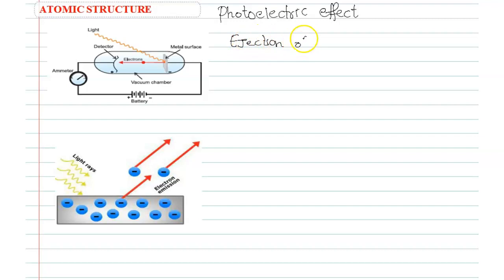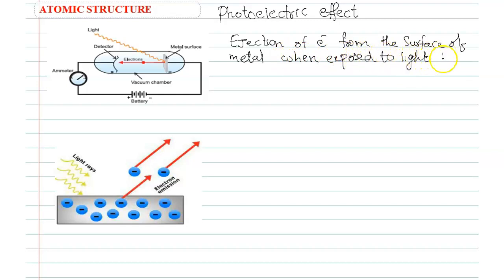Ejection of electrons from the surface of metal when exposed to light is known as the photoelectric effect. So students, did you understand here?